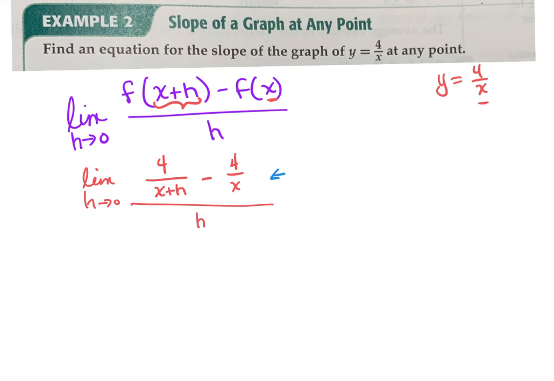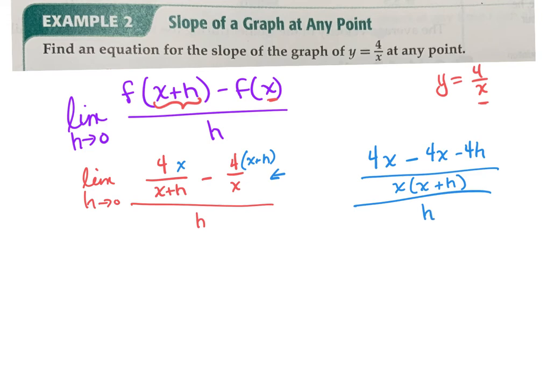Everybody agree with that? So I multiply this guy by x. I multiply this guy by x plus h. Yes? So I get 4x minus, distribute that negative, please. 4x minus 4h, right? Just common denominator, all over x plus h, all over h.